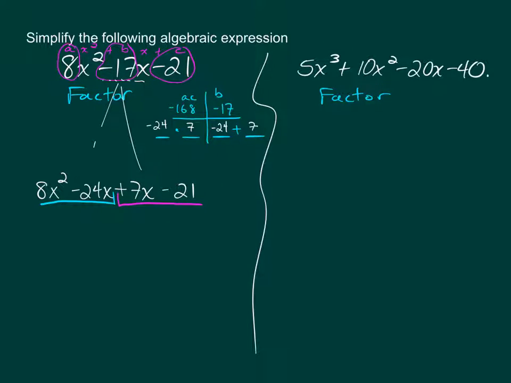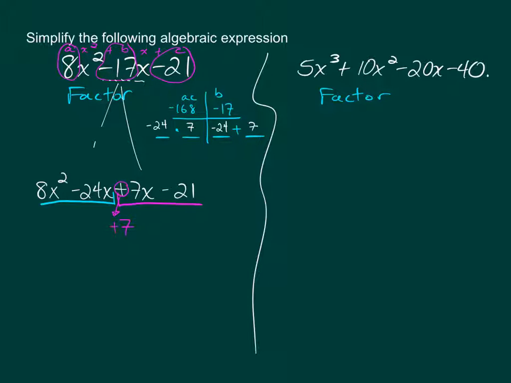Usually it's easier to find the common factor of the last two terms, so I'm just going to do that first this time. And I want to say the common factor here between these last two terms is 7. And in fact, it's going to be a positive 7. The sign of the first term where you are common factoring will be the sign of the common factor.